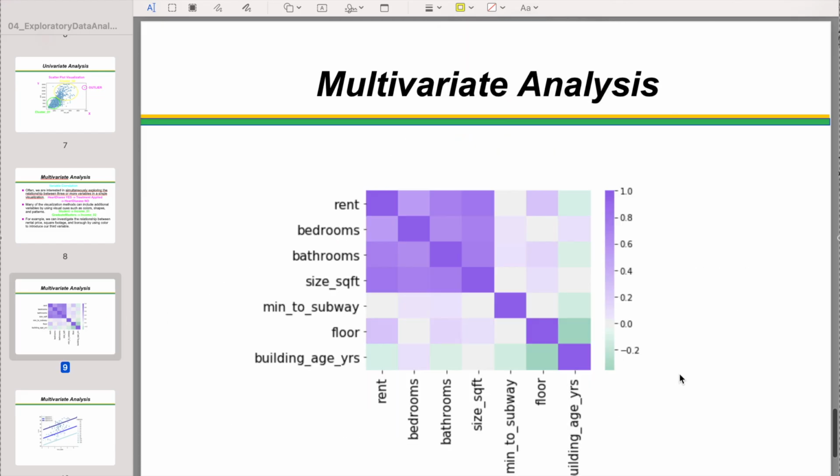Okay, so to do the multivariate visualization, we can use colors. We can visualize certain variables or attributes with a specific color.